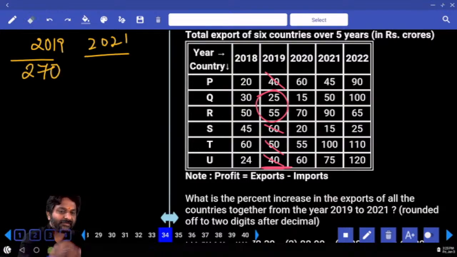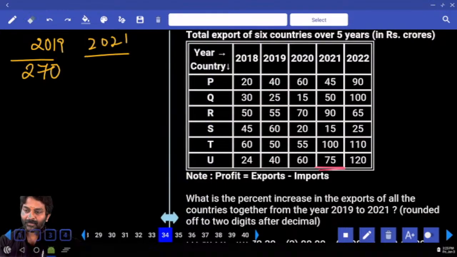Here it is 270. 2021. Correct? Right. 75, 45. 120, 50. 170, 90, plus 15.